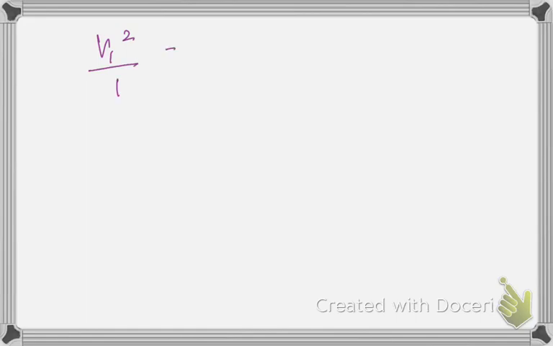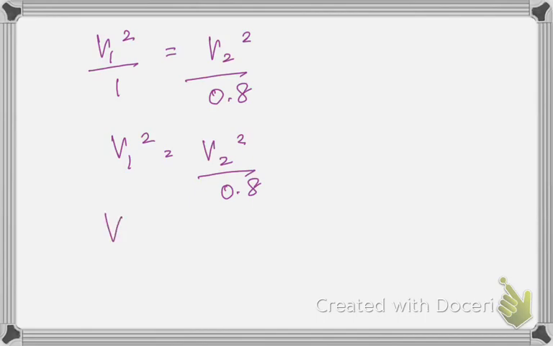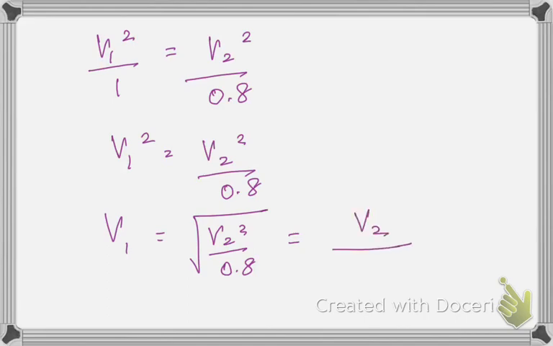So V1 squared by 1 will be equal to V2 squared by 0.8. So V1 squared will be equal to V2 squared by 0.8. V1 will be equal to root of V2 squared by 0.8, which is equal to V2 by root of 0.8, which is equal to V2 by 0.894.